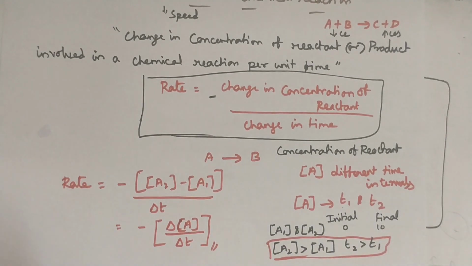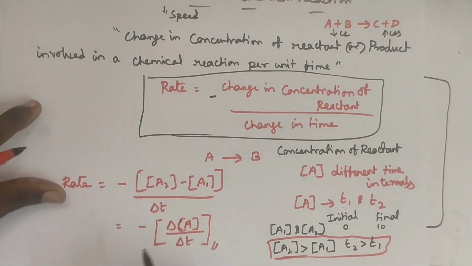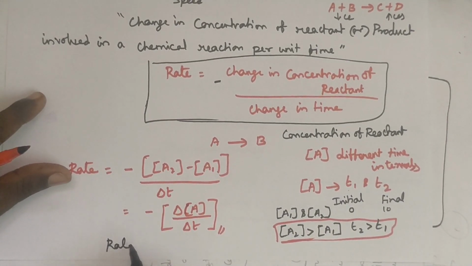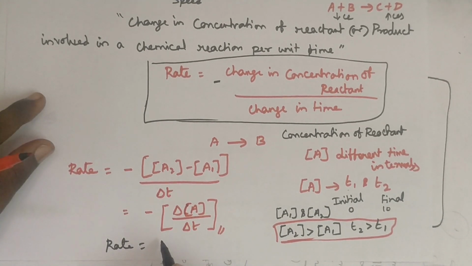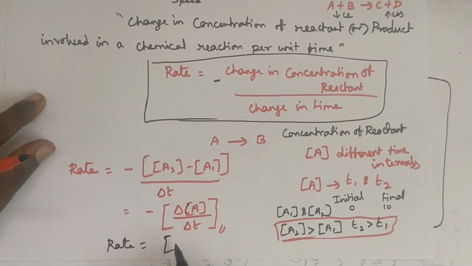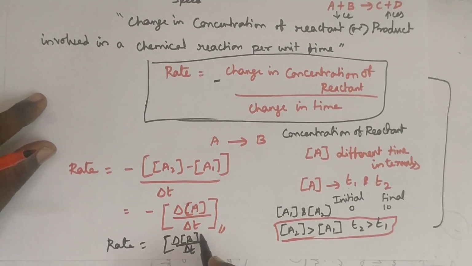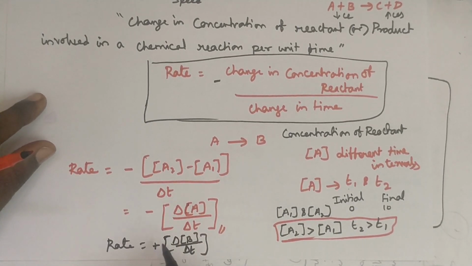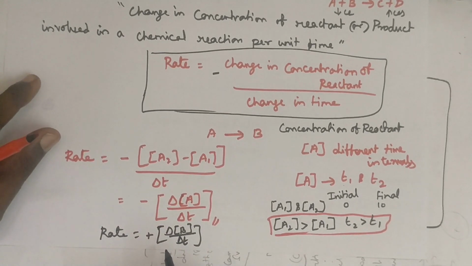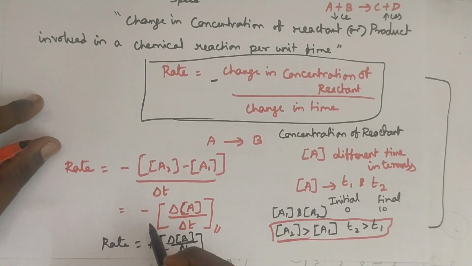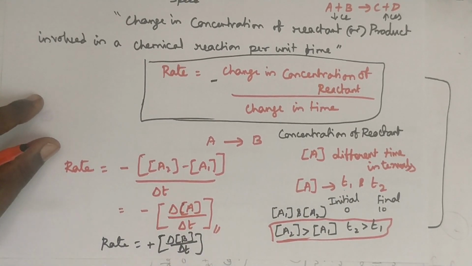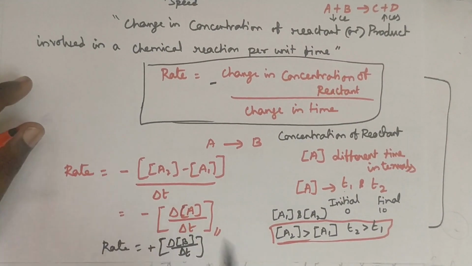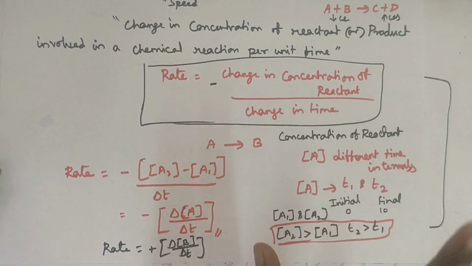Suppose you write for product, then the rate is plus, no need to mention plus, delta B by delta T. No need to mention this plus sign for product. Always, the reason I mention the negative sign is because of the decrease in the concentration. So these are all about the rate of the reaction.